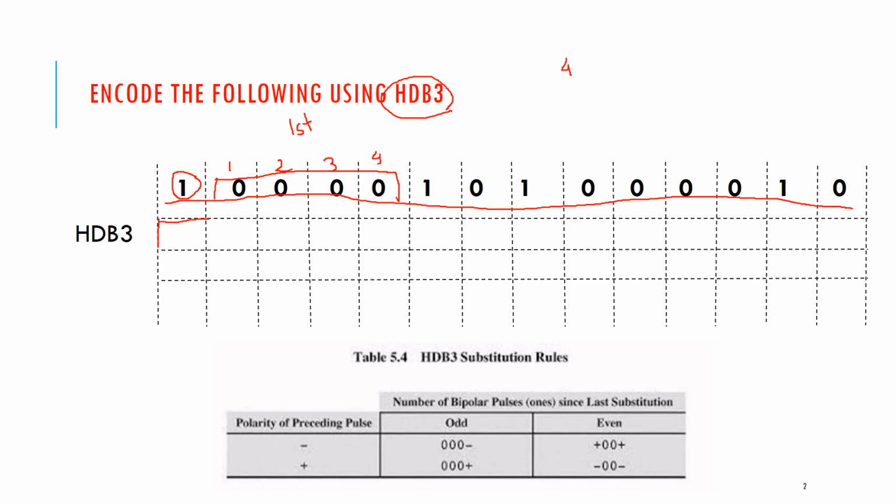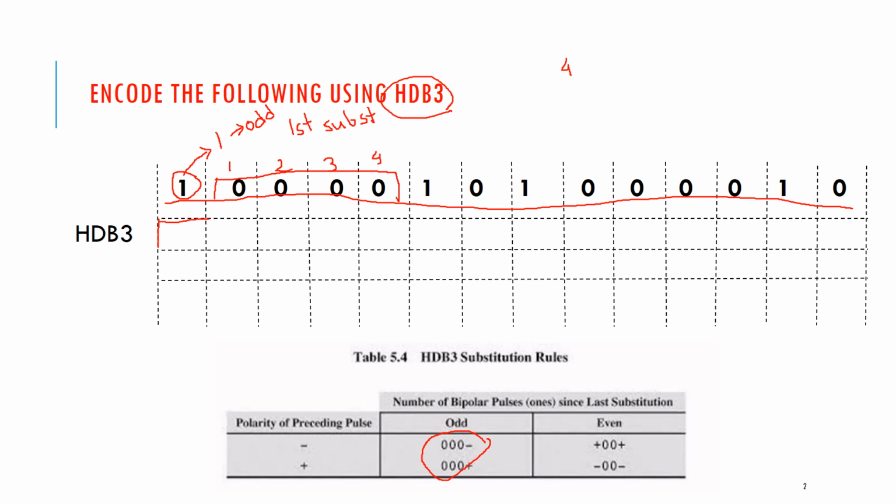Since this is my first substitution and there was no last substitution, the total number of ones in between is 1, and 1 is an odd number. If I have an odd number of ones, I will either encode using 0, 0, 0 negative or 0, 0, 0 positive. It depends on the polarity of my preceding one.